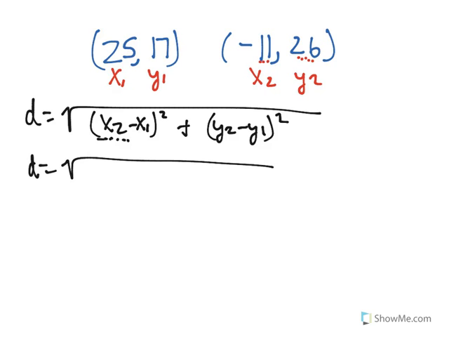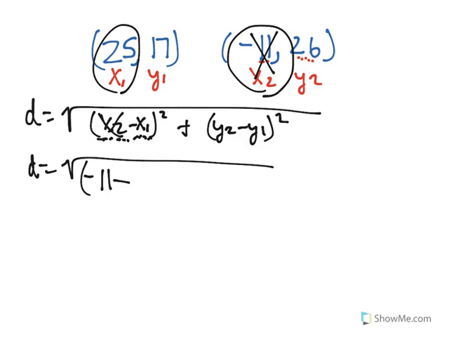x2. Look for x2, which is here. -11. x2 is done. Minus x1. x1 is 25. Squared plus x1 is done.